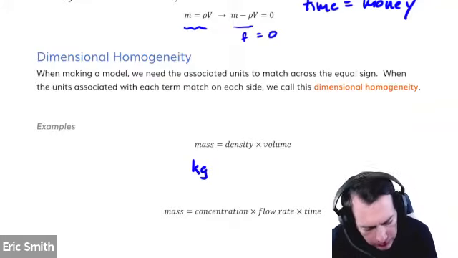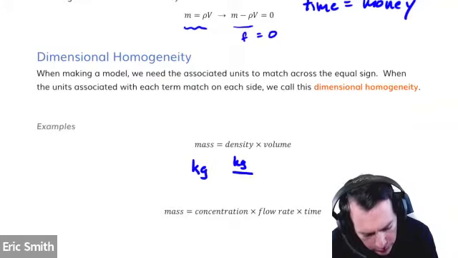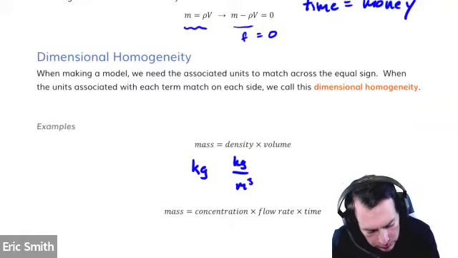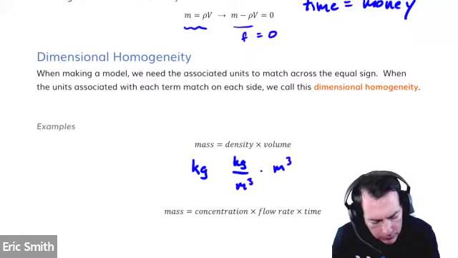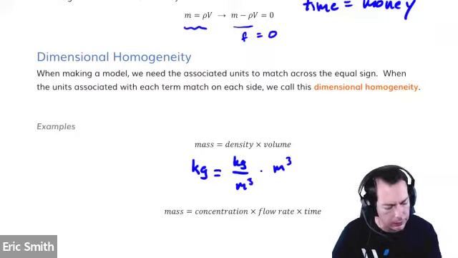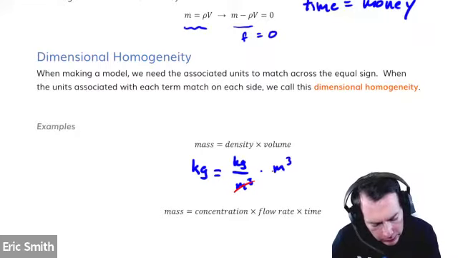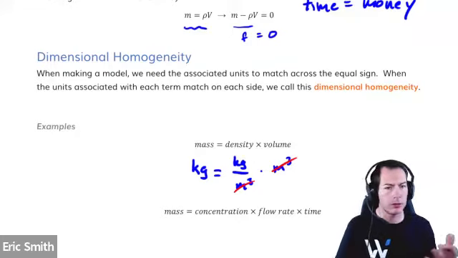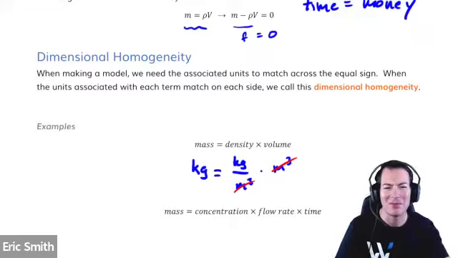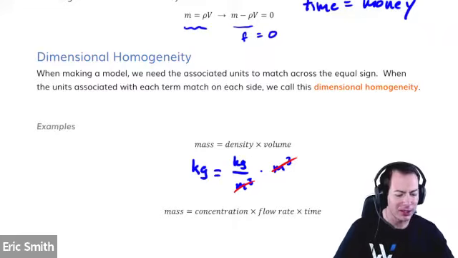The density of something is in kilograms per cubic meter. And then the volume I can measure in cubic meters. So we can see that all of the units are balancing out here. The cubic meters would cancel out with the other cubic meters. I'd have kilograms equal to kilograms. Yes, this would be dimensionally homogeneous.